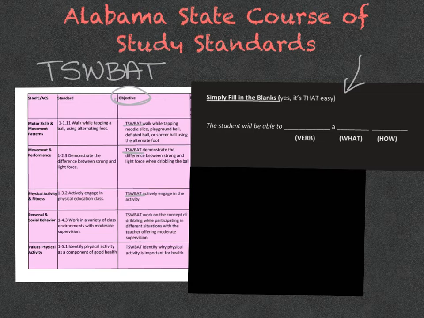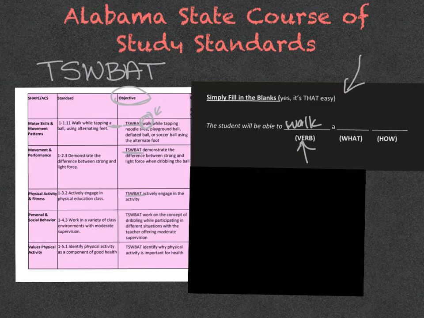You don't want to overthink it. Just fill in the blanks. The verb is the first word, and that's the action word. Now if you look at this, the student will be able to walk, which is the verb here. Walk what? Walk how?